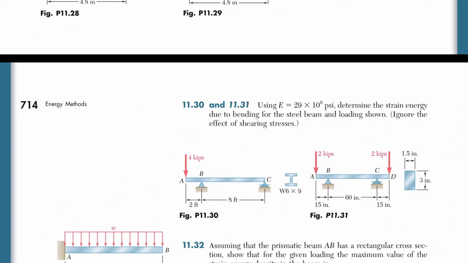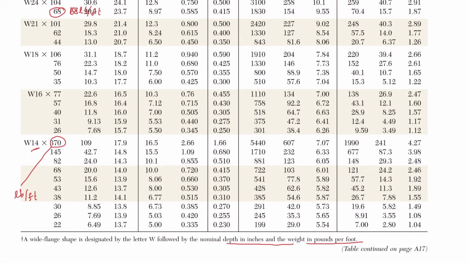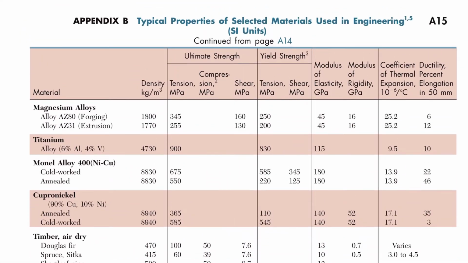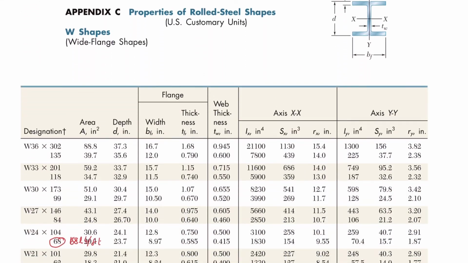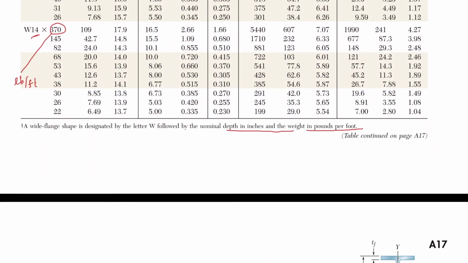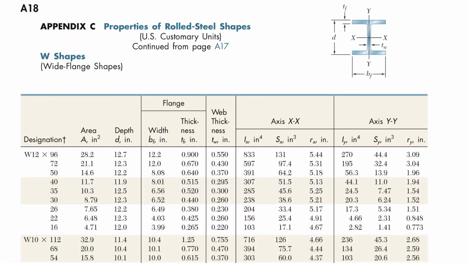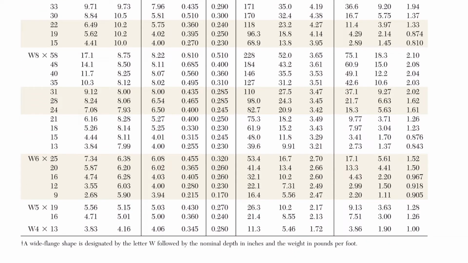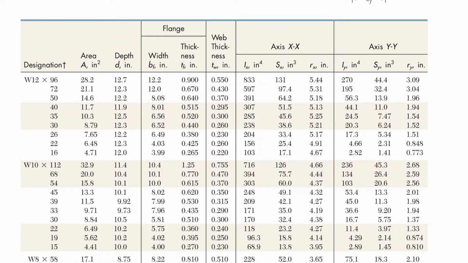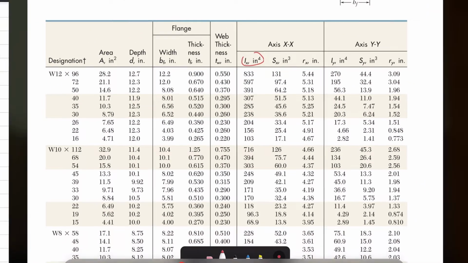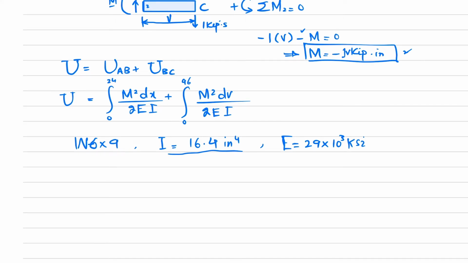You have to go to the property table at the end, and this is in US customary units. This is W6x9, so you have to search for it. You can now see, okay, this is W6 and 9, and we have 16.4 inch to the power 4. So you have to note it down. I have already written it.